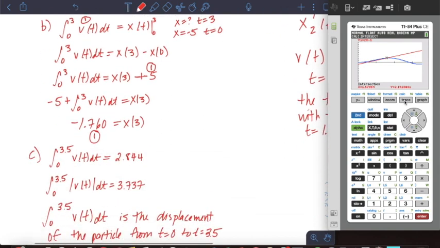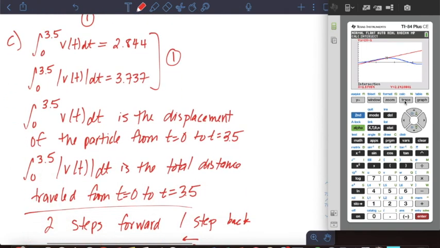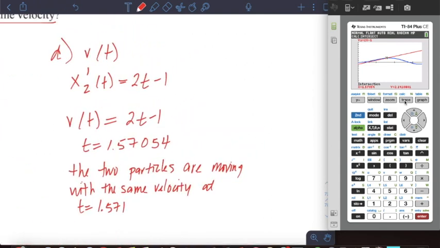For part C, you'd get 1 point for this, and then 2 points for the interpretations. I have a feeling it would be all or nothing, so this would be 2 points total for having all of that. For part D, when you set these equal to each other, that would be your first point, and then 1 point for your answer. Okay? All right, that's it for this one.